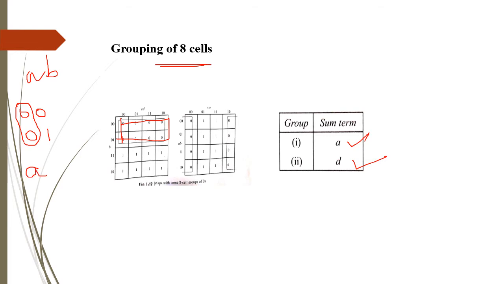Since it is 0, I can write it directly as A. Similarly, in the second case, I am grouping the columns. I have 0, 0 and 1, 0 corresponding to CD, and here D is the same. It is evaluated as 0, so I can just write it simply as D. So this is how you group 8 cells.